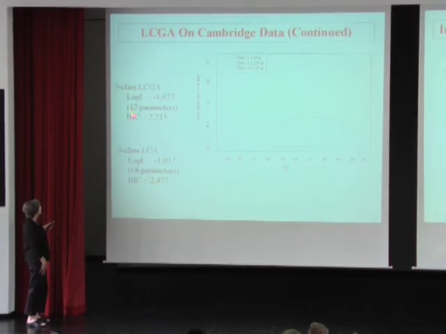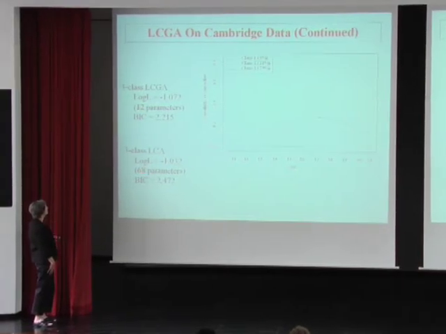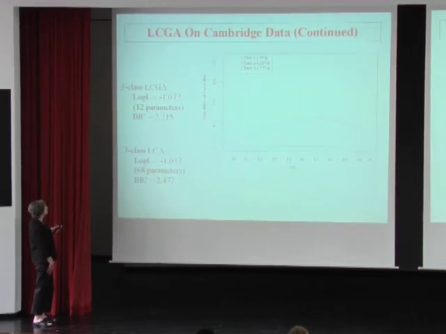Here we have 12 parameters, a BIC of 2215. And although the 3-class LCA has a slightly lower, I mean, higher log likelihood, there's a huge difference in the number of parameters. So one could conclude that this better fits the data.